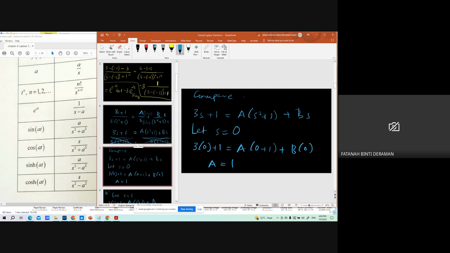Enough already. The answer is not correct. This is 3s plus t and then s.